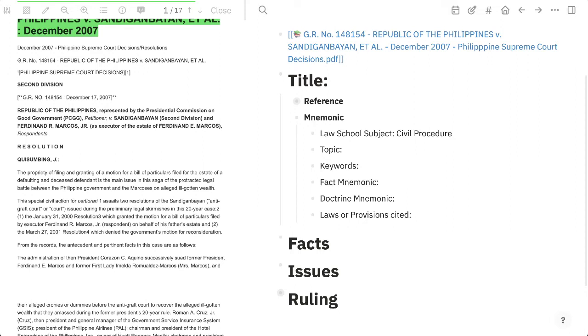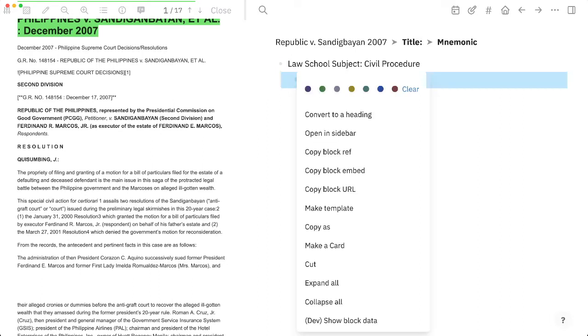So I'm trying to grab that and paste it here. And then I'm going to have the color. Okay.